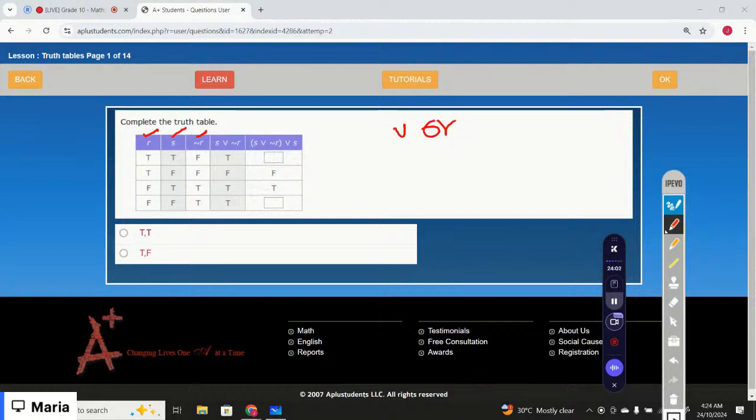When you are working on the or, if one of them is true, the answer is true. Now you have to see the or between this and this. True, true, true. False, false, false. True, true, true. True, false, true. This is true, this is false. But if one of them is true, the answer is true. So they are true and true. Option number one is the correct option. Got it? The correct option is option number one.